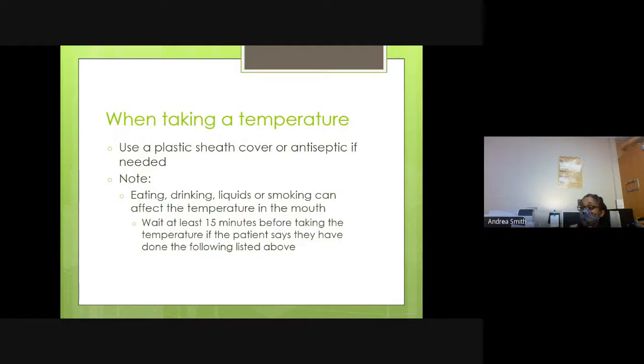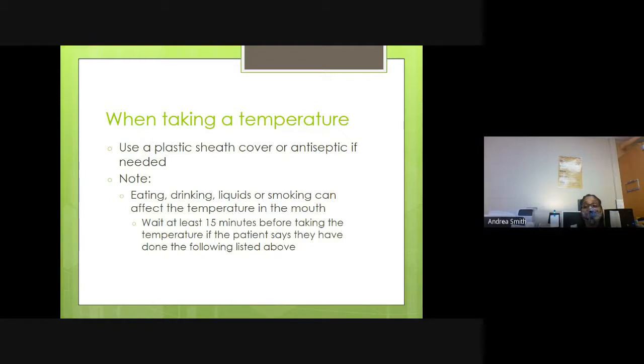But you do have some doctor's offices, some hospitals that do the plastic sheet over the thermometer. You will definitely need one if you do a rectal temperature. But the bottom part of this slide is the most important. Note when eating, drinking liquids, smoking can affect the temperature within the mouth.